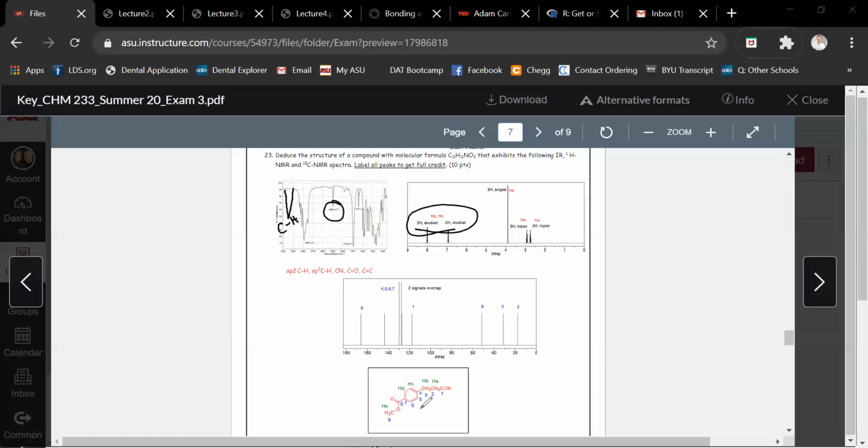Labeling them. Yeah. Well, the mass spec helps because then you can say, okay, do I have all the double bonds that I needed? Did I have all the different pieces? That's tough. Yeah, that's really tough. I'm sorry, guys. That one was a pretty wicked question. It was. But anyway.